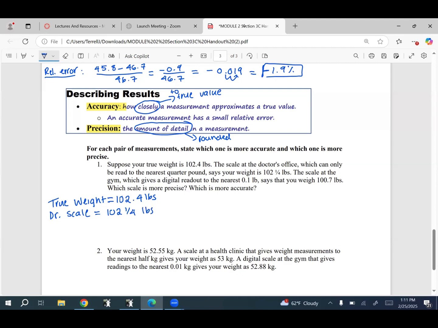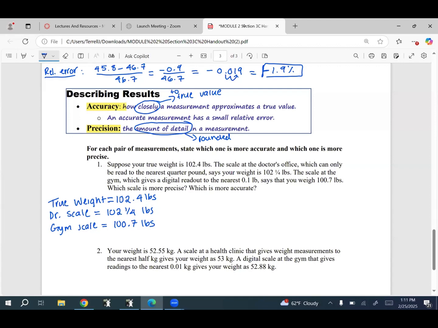And then you have the gym scale. And the gym scale reads 100.7 pounds. And so the question is, comparing your true weight, right? Knowing your true weight, which scale is more precise and which is more accurate?